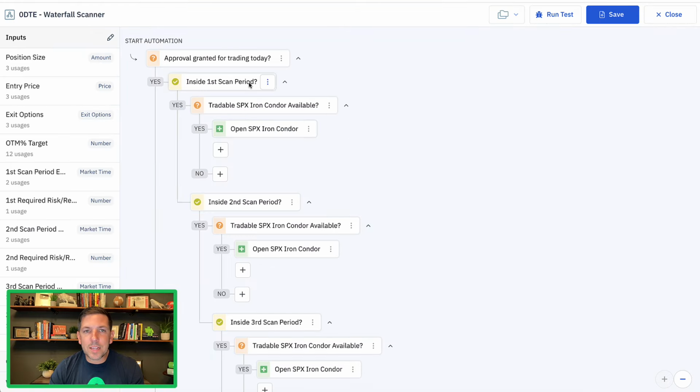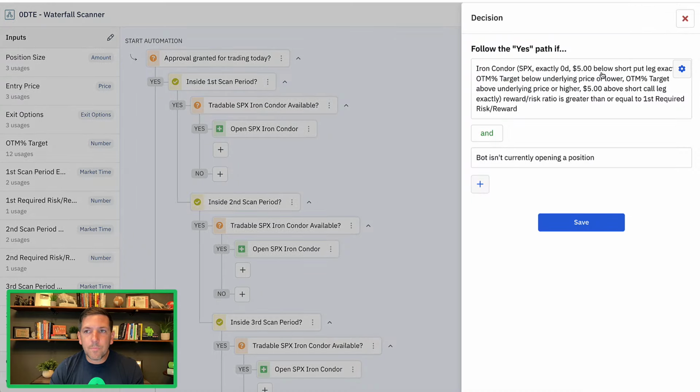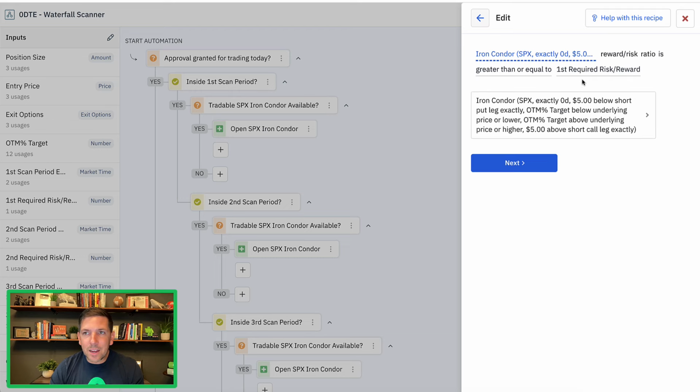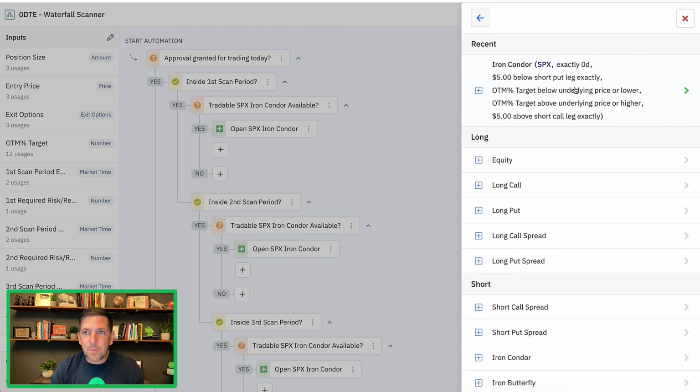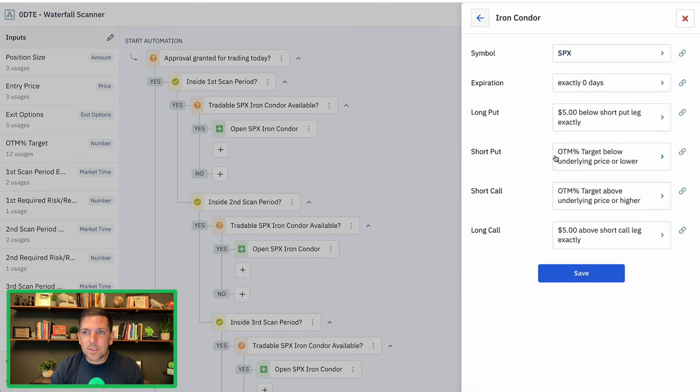So inside the automation, all it's doing is going through checking to see if it has been approved for trading. Is it inside that first scan period? And if it is, then it's looking for an iron condor position that's exactly at your target. So you can see it's got some inputs for the actual out of the money target, right?